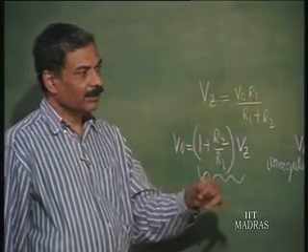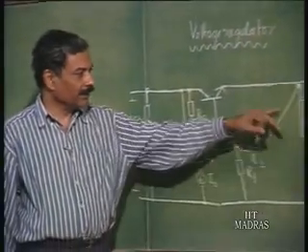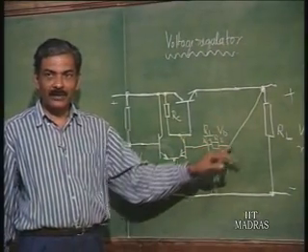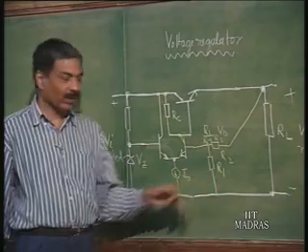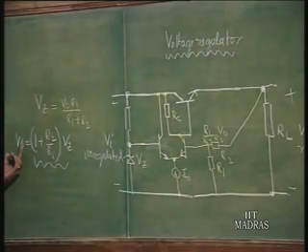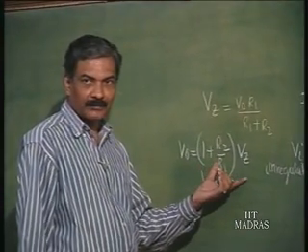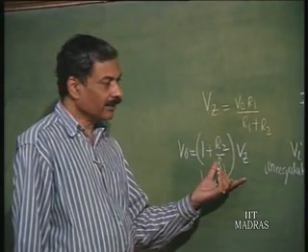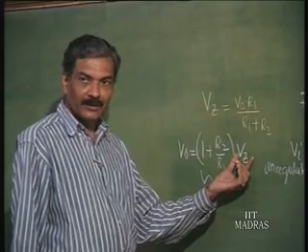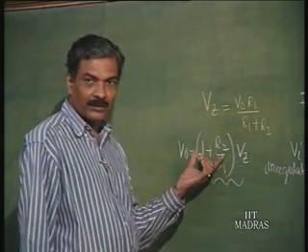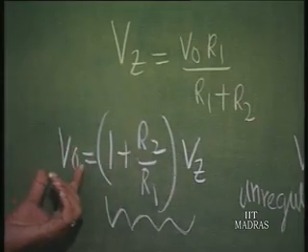So, this R 1 R 2 network is normally put externally in order to fix the regulated voltage as what you want given V z. In every IC regulator also V z is specified, so that you can fix according to your own requirement what the output voltage should be.